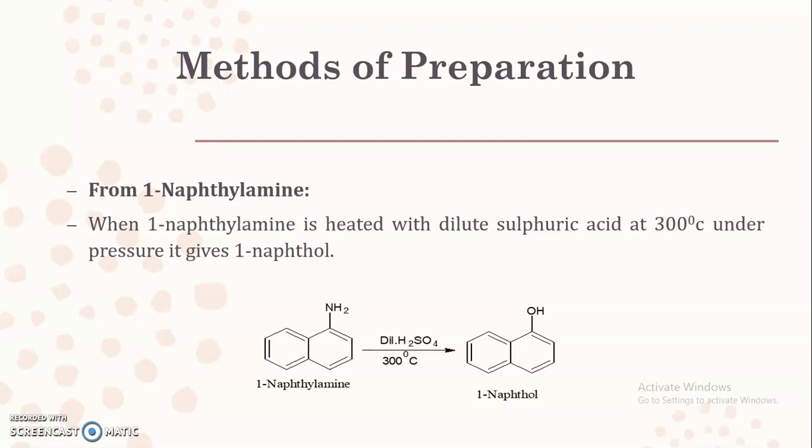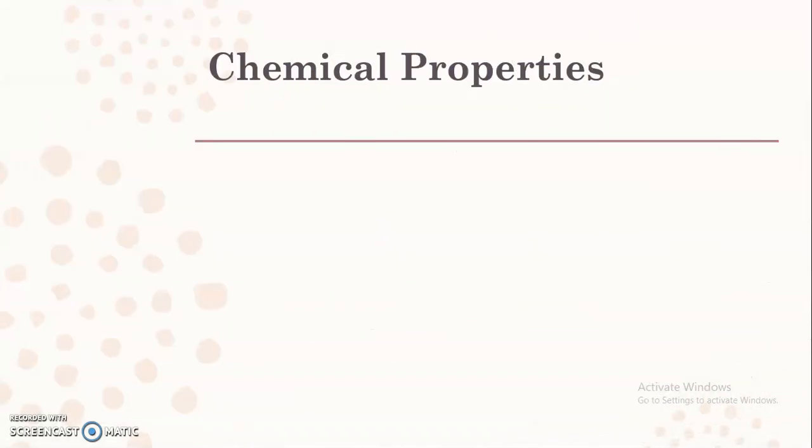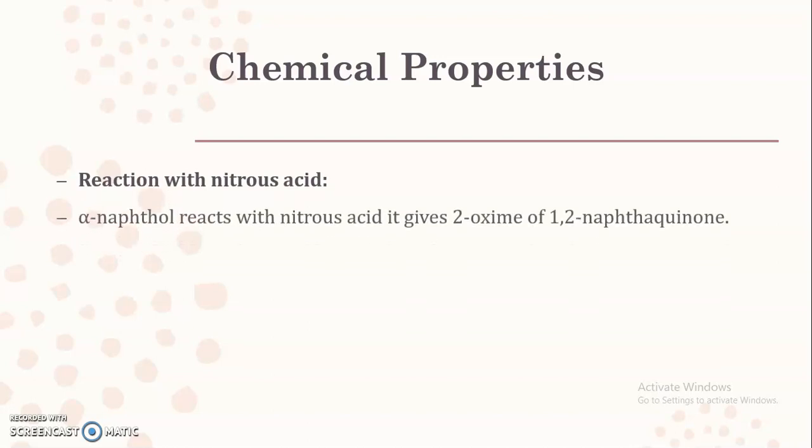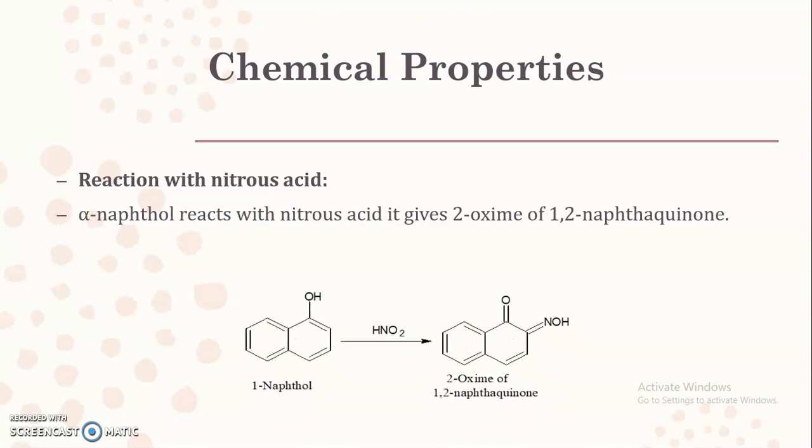Now we are going to see the various chemical properties shown by alpha-naphthol or 1-naphthol. The first chemical property is the reaction with nitrous acid. When alpha-naphthol is reacted with nitrous acid, the 2-oxime of 1,2-naphthaquinone is generated.